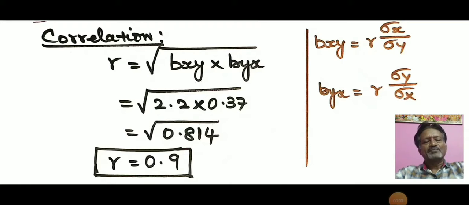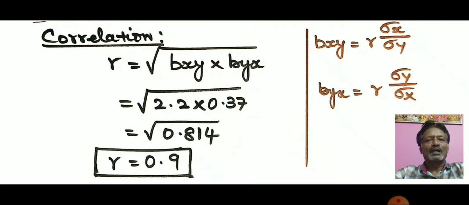In the sum, you are asked to calculate the value of correlation. So how can we estimate the value of correlation with the help of regression coefficients x on y and y on x? The formula for calculating correlation with the help of regression is the square root of the regression coefficients of x on y and y on x.